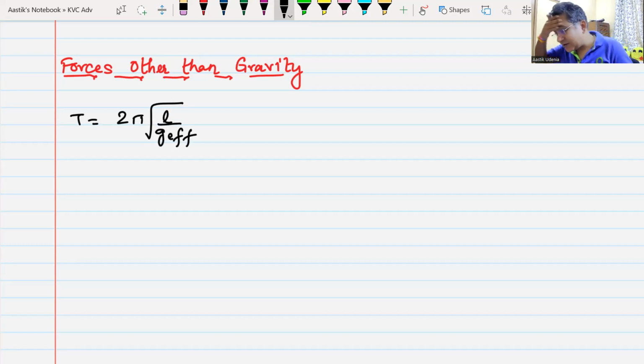If other forces are acting on it, again we just have to find out the effective value of g, our own g, our lovely g. Once we get the effective value of g, we can have the time period by the effective value of g.